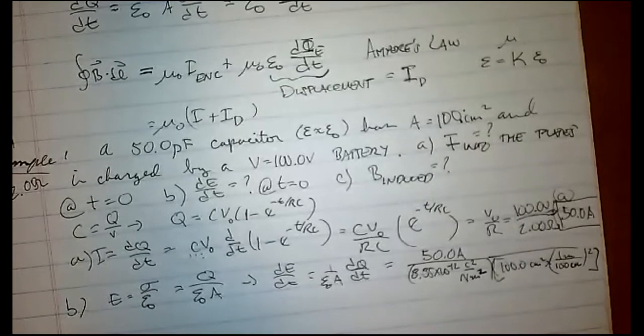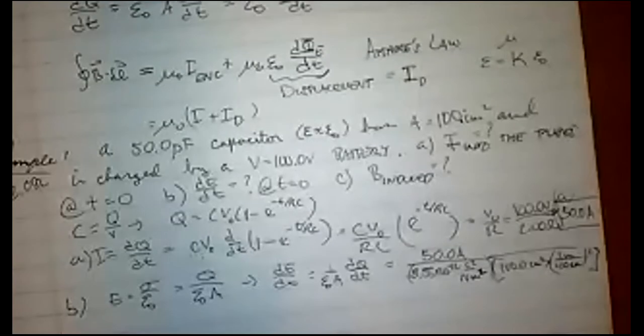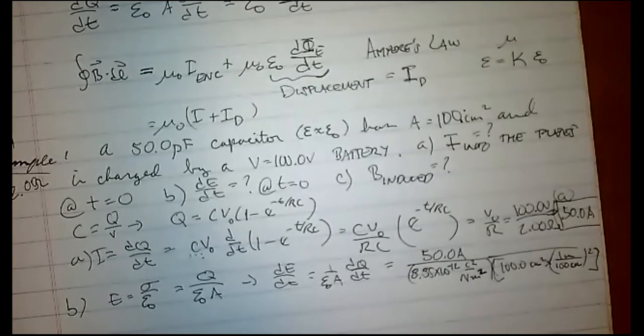So I'm going to say 8.85 e to the negative 12. Actually, I'll take 100, and I'm going to take 100 times 100, and divide 100 by it. So I divided 100 by 10,000 and got 0.01. I'm going to multiply that by 8.85.